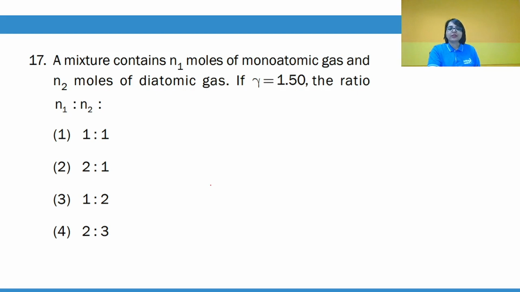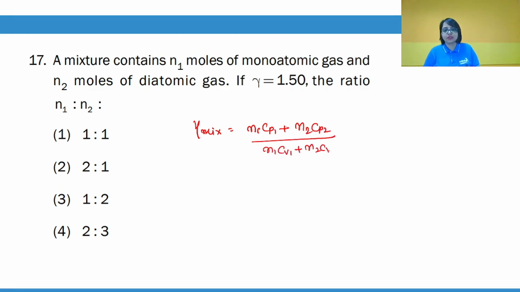A mixture contains N1 moles of a monoatomic gas and N2 moles of a diatomic gas, and gamma is 1.50. The ratio of N1 to N2 is. So gamma of the mixture is given by (N1 Cp1 plus N2 Cp2) divided by (N1 Cv1 plus N2 Cv2).